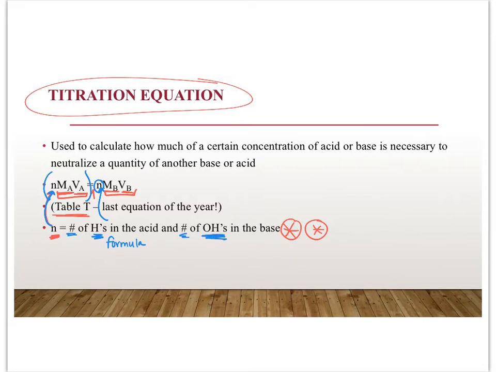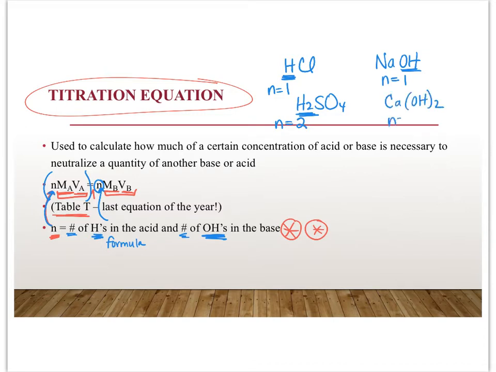So for example, if I have hydrochloric acid, N would be equal to 1. If I have sodium hydroxide, on the base side, N would be equal to 1. If I were dealing with sulfuric acid, N would be equal to 2 on the acid side. If I were dealing with calcium hydroxide, N would be equal to 2 on the base side. So you just have to look at the formula.